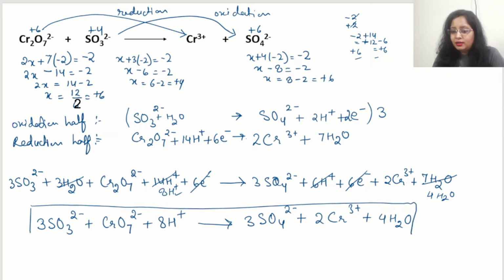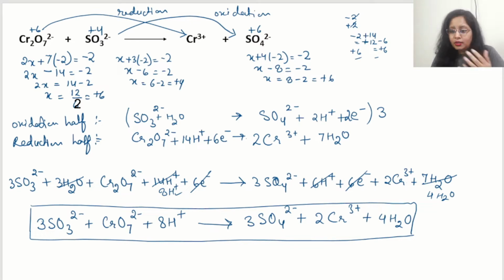Let's check the number. Sulfur 3 left hand side, 3 right hand side. Then chromium is 2 here left hand side and right hand side 2. Then oxygen 3 3s are 9 plus 7, 16.